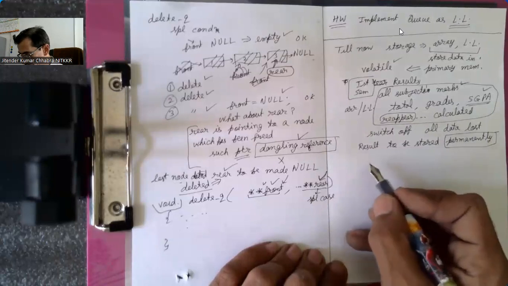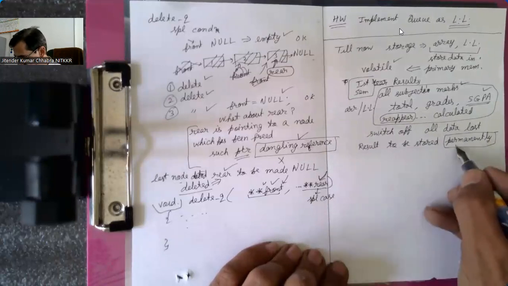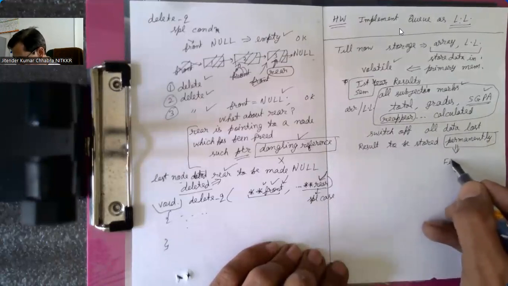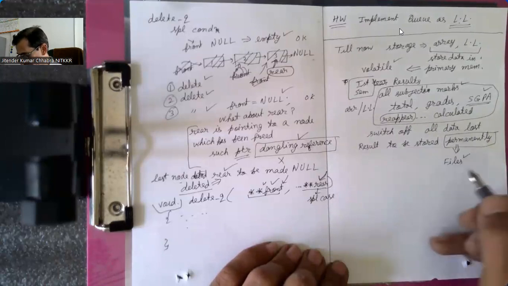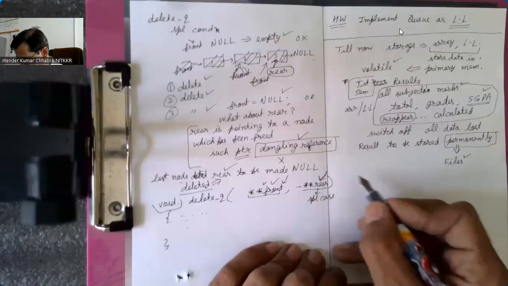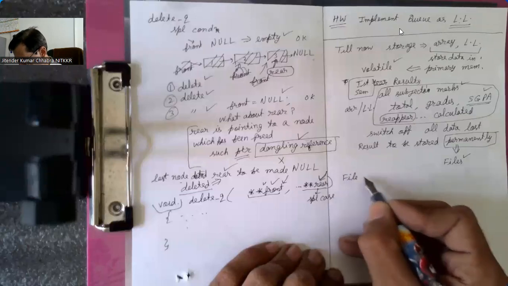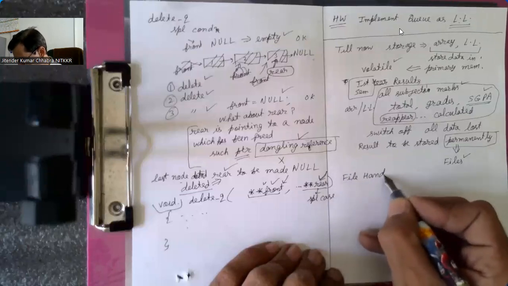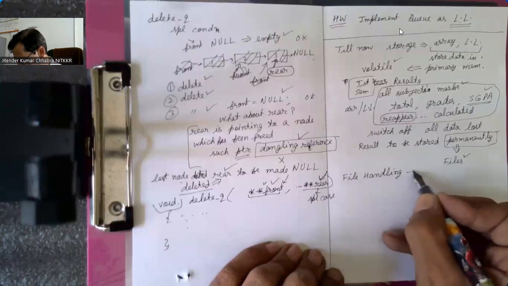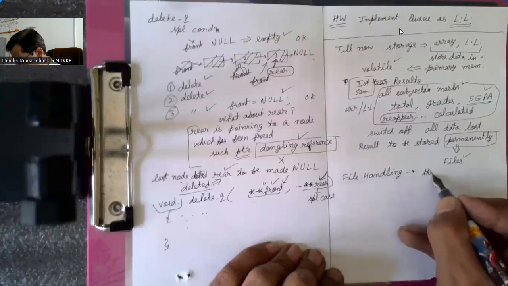Hence, my array or linked list might not be the choice. For permanent storage, we use files. So we have file handling to be discussed today, and we are going to see how to use files during programming.